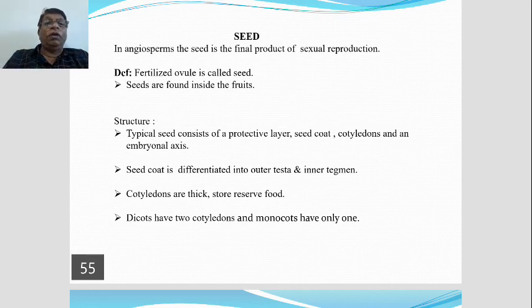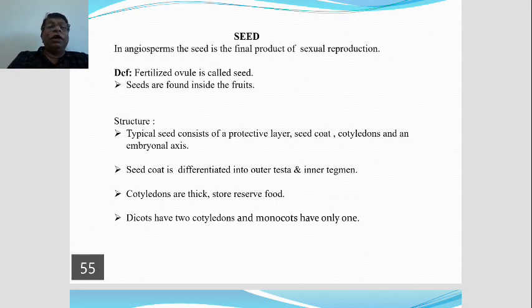That's why it is called the final product of sexual reproduction. Then, what is a seed? A very important question. The seed is defined as a fertilized ovule. Fertilized ovule is called a seed.